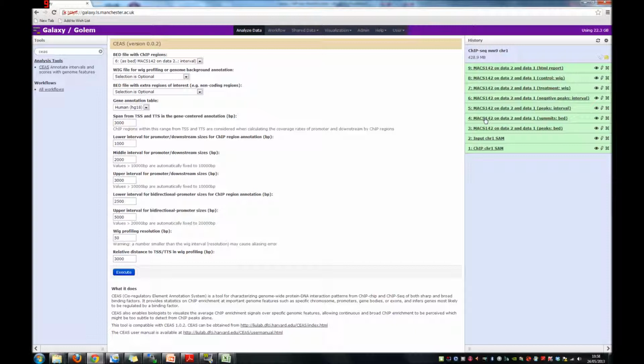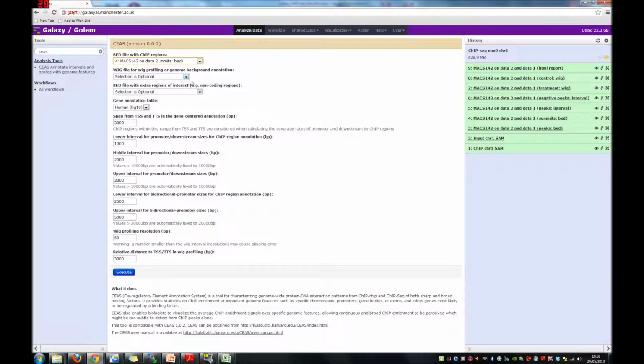So by providing it the summit file, you're providing it with the location of the peak of binding, the highest pile up of fragments in the binding regions. I think that's a slightly more accurate use. Okay, so that is number 4 in our history.